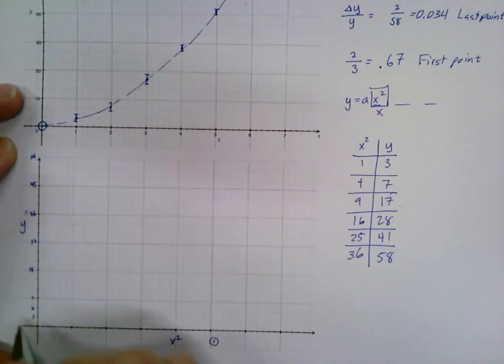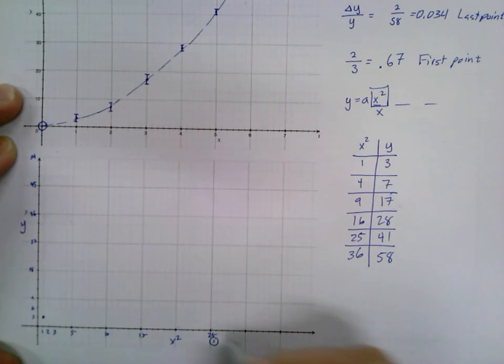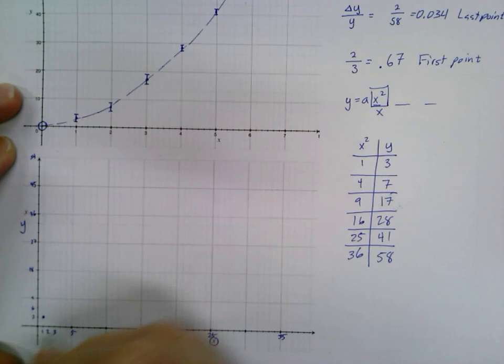So my first point I'm going to put at 1, 3, which will be right here. I'm going by ones down here: 5, 10, 15, 20, 25, 30, 35. Then I'm going to go to 4, 7, which will be somewhere around here.